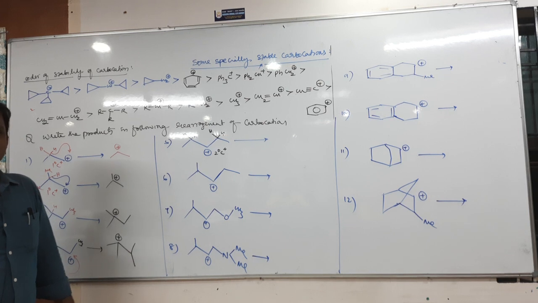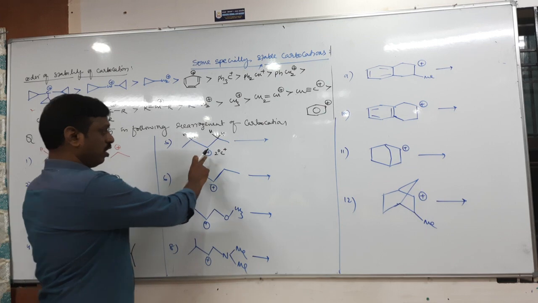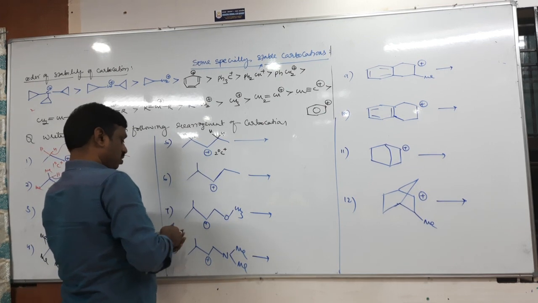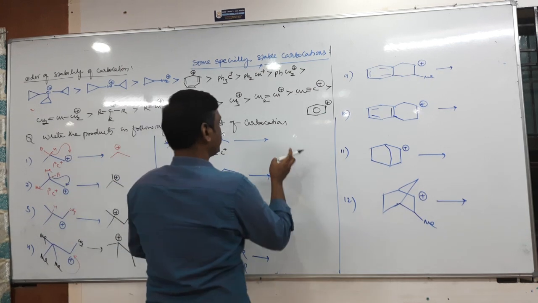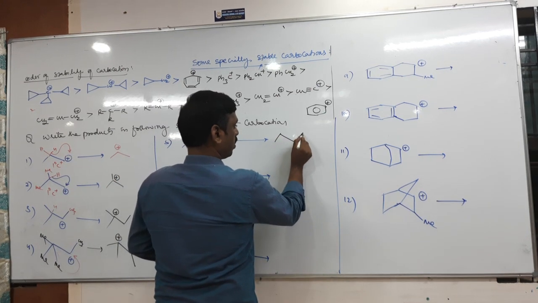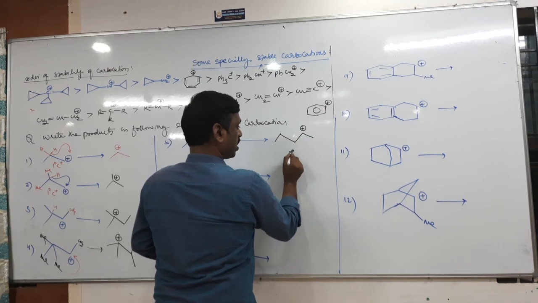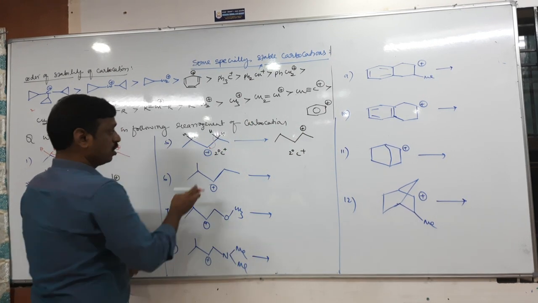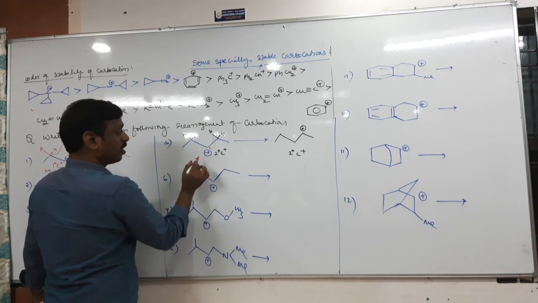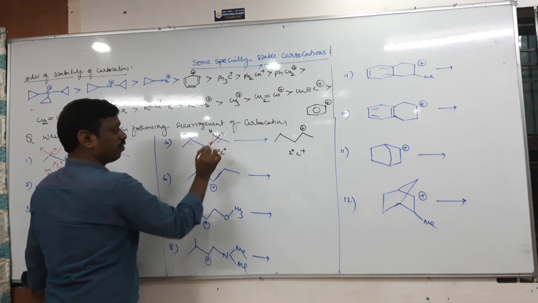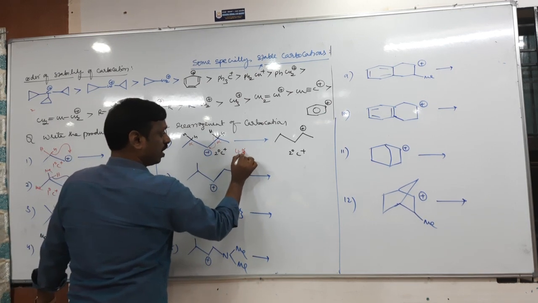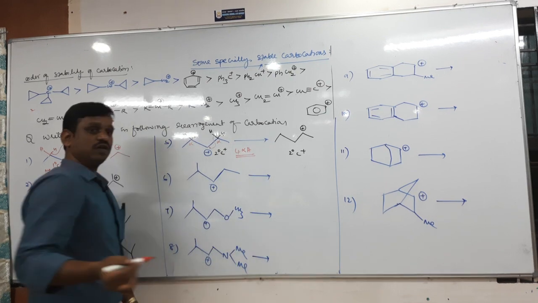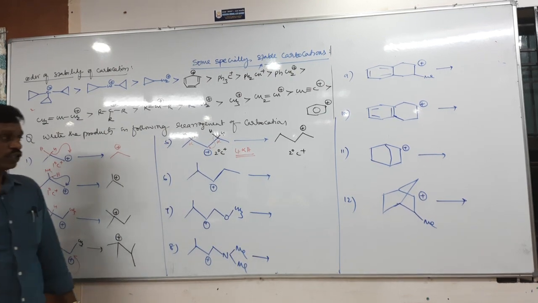Why? Suppose, see, if this carbocation shifted this side, what do you get? Secondary carbocation only, but this secondary carbocation is more stable, because you see for this how many alpha hydrogens? 2 plus 2, 4 alpha hydrogens, it means 4 hyperconjugations possible.